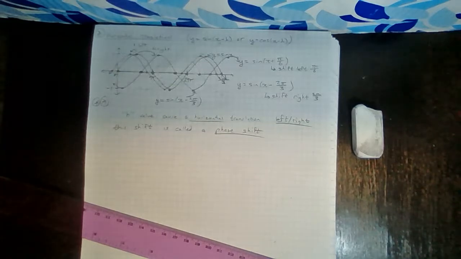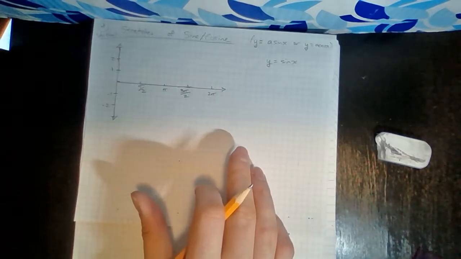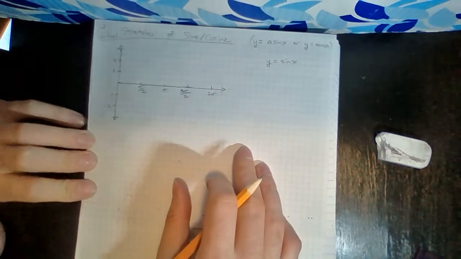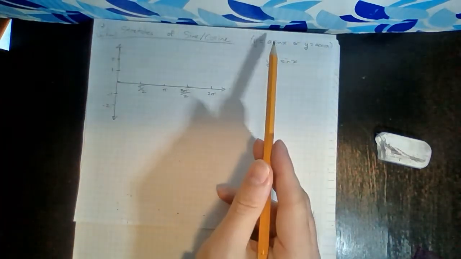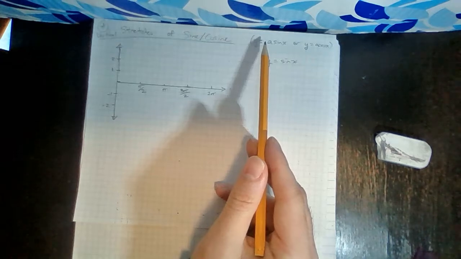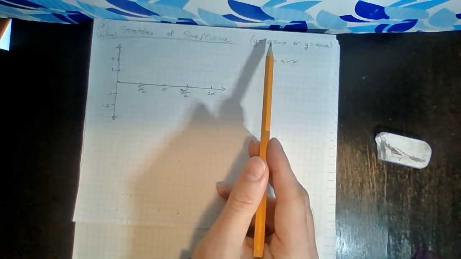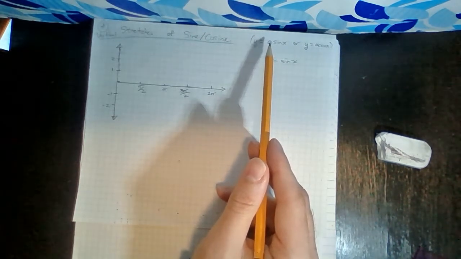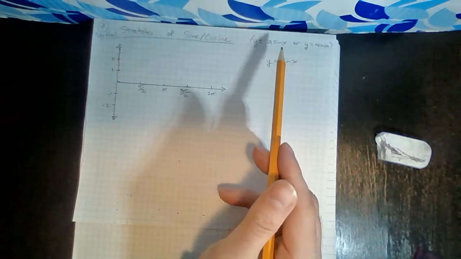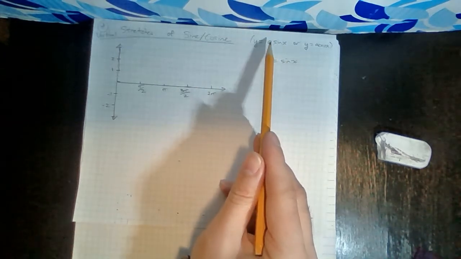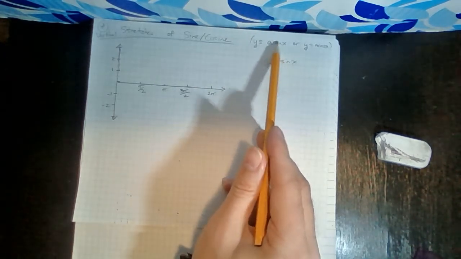We'll look at stretches of sine and cosine now. So we'll start off with vertical stretches of our sine and our cosine. And those are going to show up same as the exponential and logarithmic functions, same as any functions that you've talked about over the past couple of years. It's always a multiplication outside of our function.